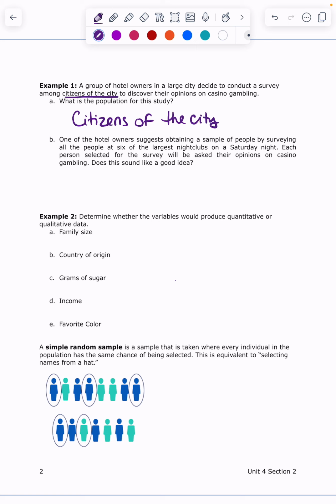One of the hotel owners suggests obtaining a sample of people by surveying all the people at 6 of the largest nightclubs on a Saturday night. Each person selected for the survey will be asked their opinions on casino gambling. Does this sound like a good idea? This would not be a good idea because that wouldn't be representative of all citizens of the city.